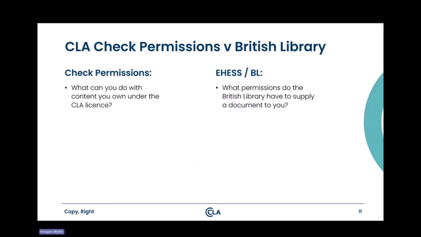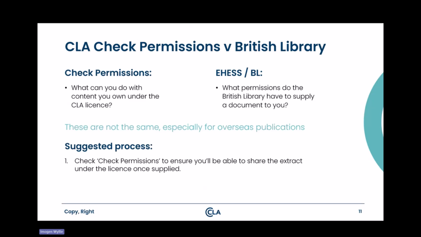Unfortunately, we don't have a way of making the second set available publicly. Particularly with overseas publications, there can be a real difference. So what we suggest in the user guidance for the license is that you do check permissions to make sure you're going to be able to share the extract once it's supplied under EHESS.